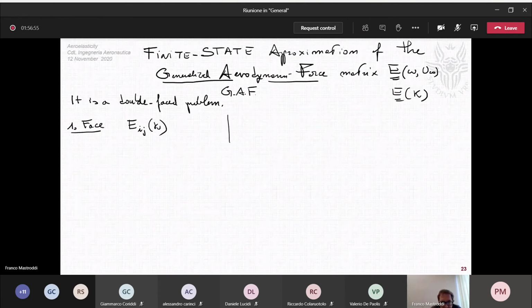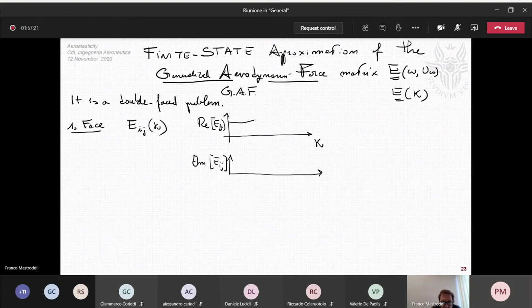So you may represent this real part of Eij and imaginary part of Eij as a function of k. So the real part could be something like this. The imaginary part could be something like this.